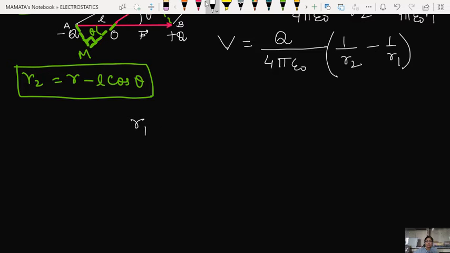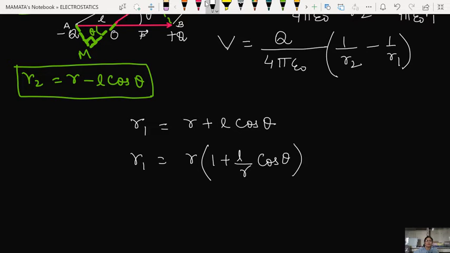Now students, again we write this formula here. For 1 upon R1, if you take r as common, R1 equals r times 1 plus l upon r cos theta, so 1 upon R1 will be equal to 1 upon r times 1 plus l upon r cos theta, whole power inverse.